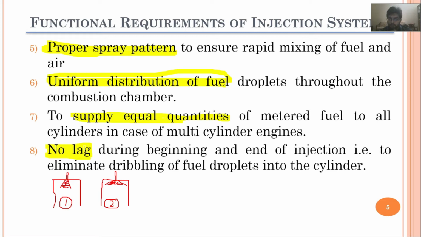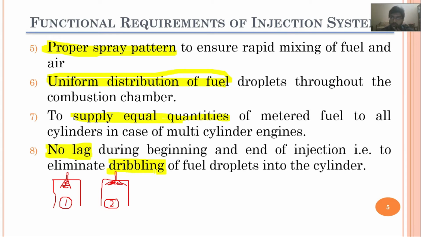after the combustion process. You can simply understand the dribbling phenomenon like this: you must have seen in your homes that if there are some old taps, even when you are closing the tap, some amount of water is dribbling from that tap. This phenomenon is basically called dribbling.